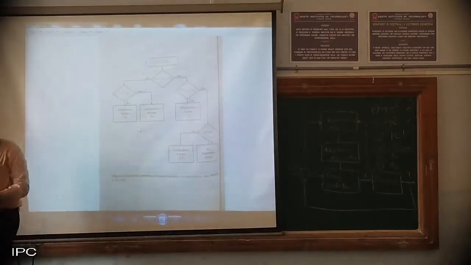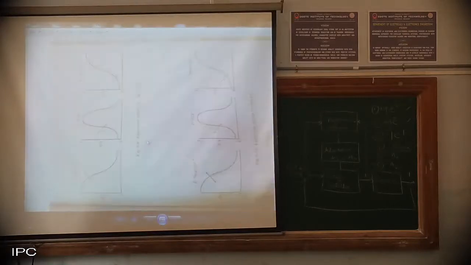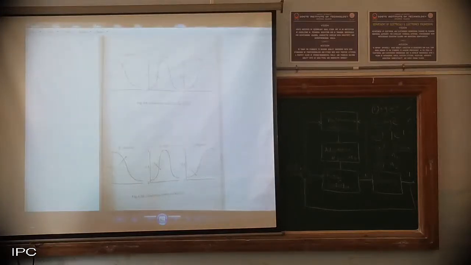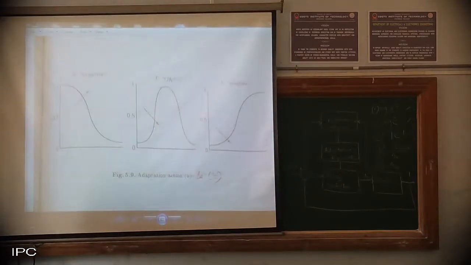So what is adaptive action A and what is adaptive action B? Let us just focus on this part. We can see here, just zoom on this part. This is nothing but adaptive action A and adaptive action B. Now what exactly is the controller going to do?